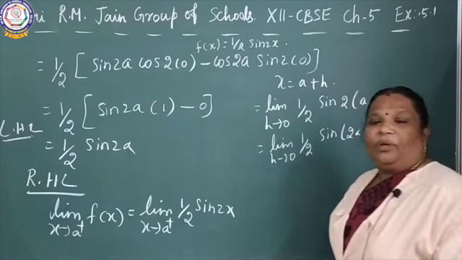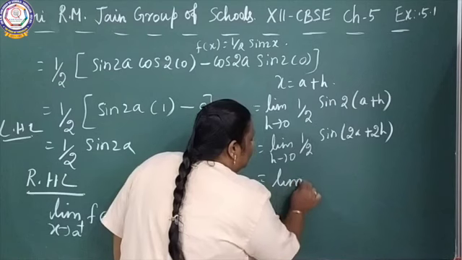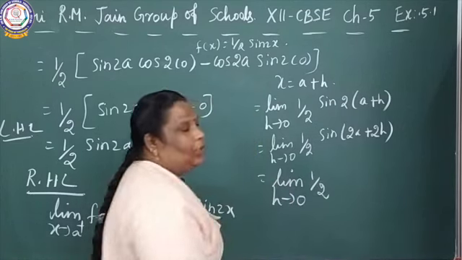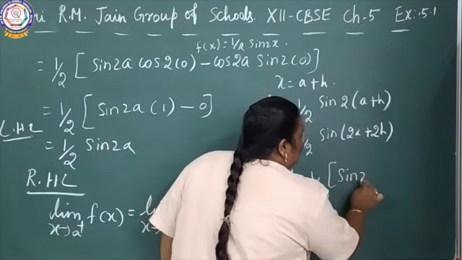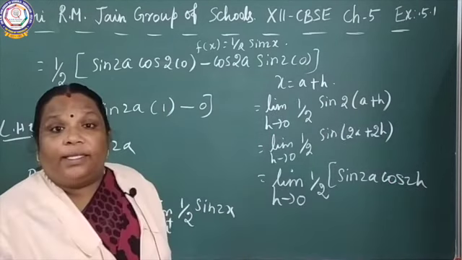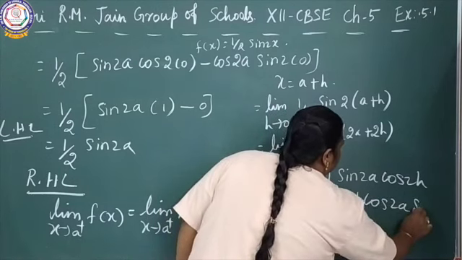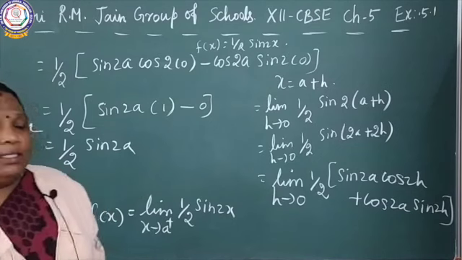Sine of a plus b formula: sin a cos b plus cos a sin b.